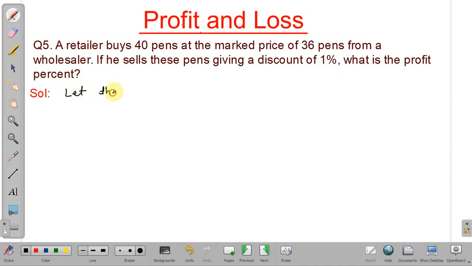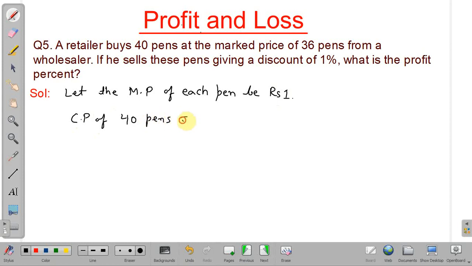So let the marked price of each pen be rupees 1. Okay, marked price of each pen is rupees 1. So cost price of 40 pens, how much will it be?